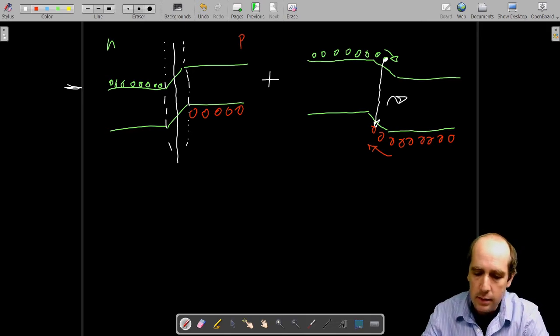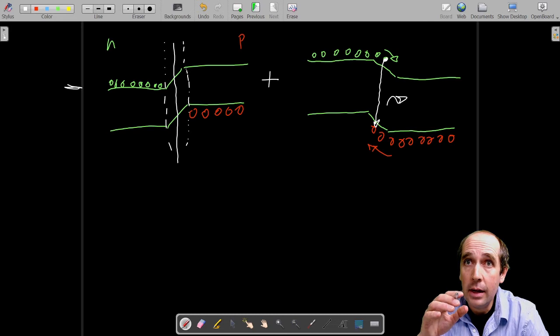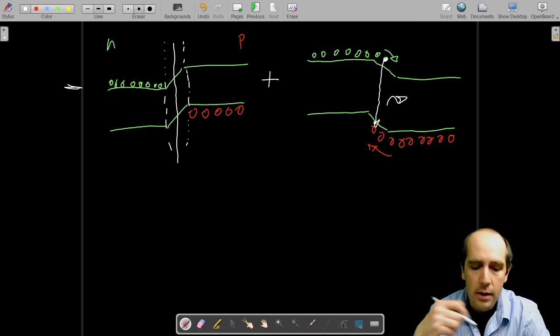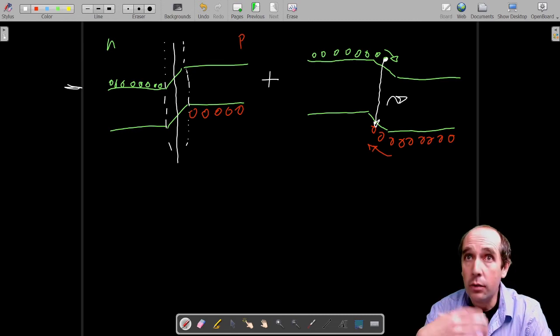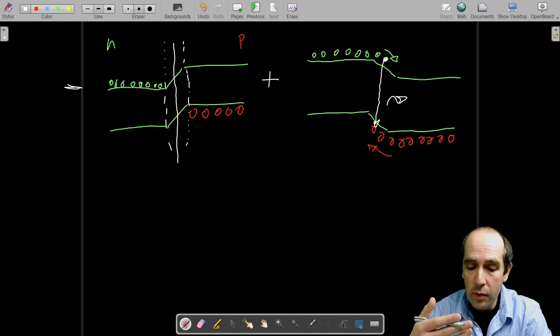Okay, and this means that these diodes will actually start emitting light, and that's the way these diodes operate.